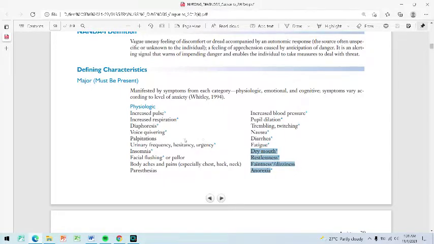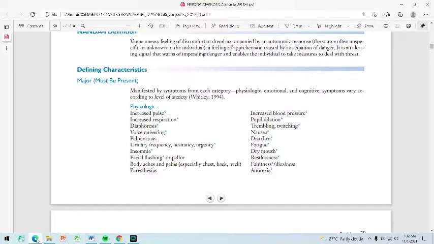If these are present, you must select only those manifested in your patient. You should not include what is not observable. You must select among these defining characteristics to support your claim for anxiety.